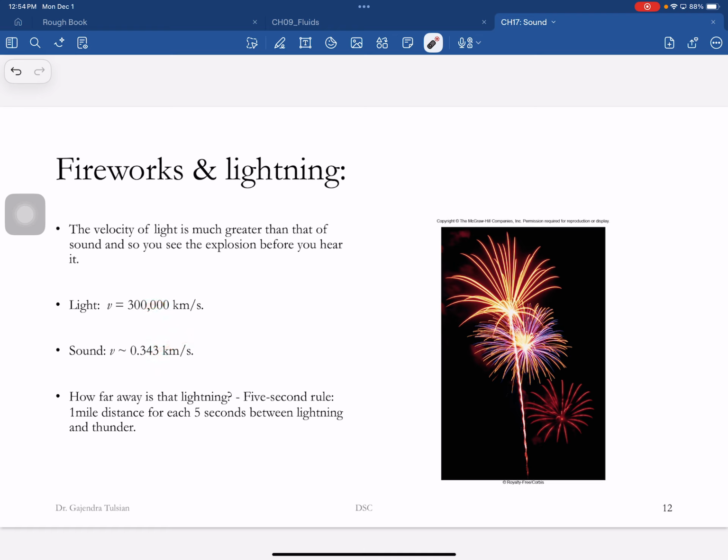If you see a flash of lightning, that light got to you almost instantly, and then you hear the thunder. If you hear the thunder 5 seconds after you see the lightning, then that lightning was a mile away. If you hear the thunder 10 seconds after you saw the flash, that lightning was 2 miles away. So that's what that rule is.